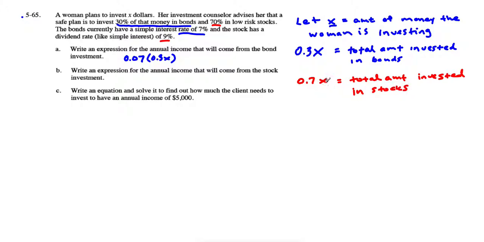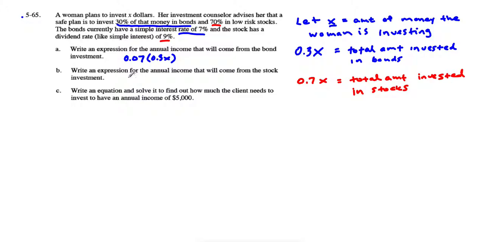So the total amount she's invested times 70% would give you 70% of what she invested, like we said. But now she's going to get 9% of that back as simple interest, or I'm sorry, her dividend rate.